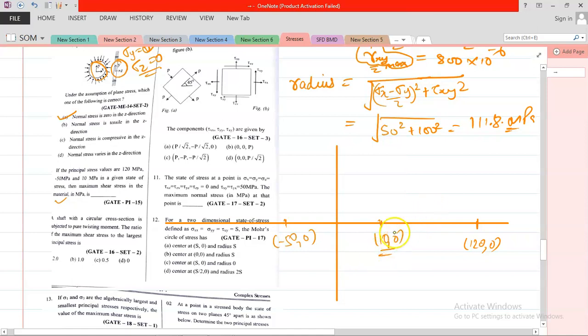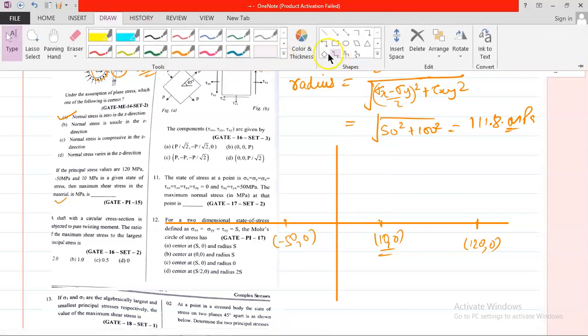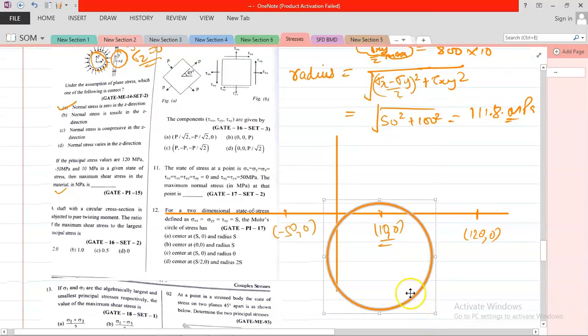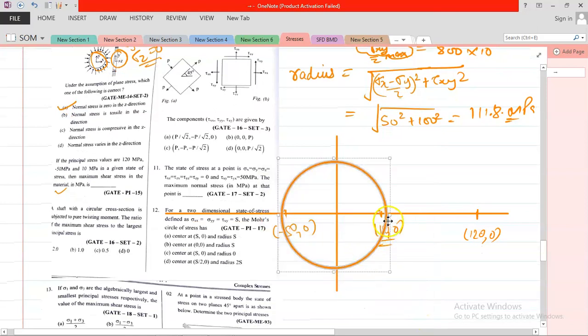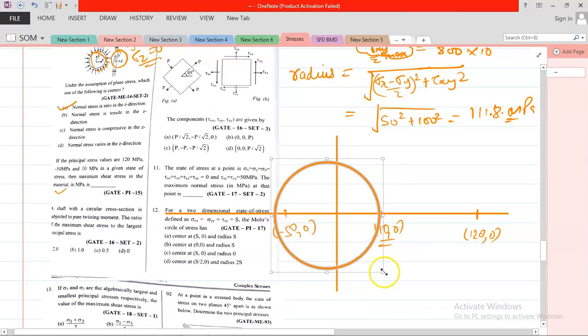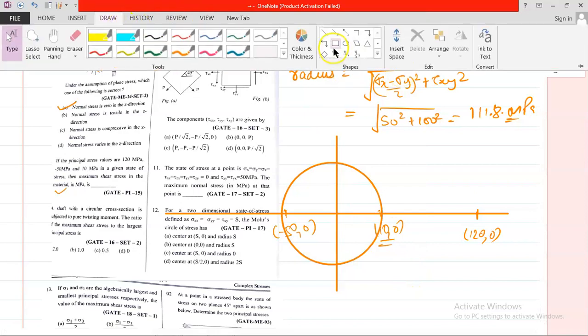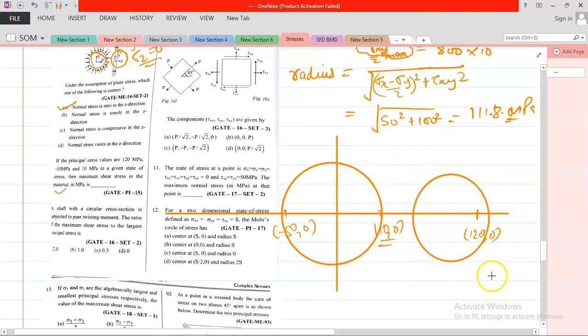Now we can draw three Mohr circles from these three points. So let me draw the Mohr circle. The first Mohr circle will be in between these two. Okay, this is the first Mohr circle. Now the second Mohr circle is in between these two.